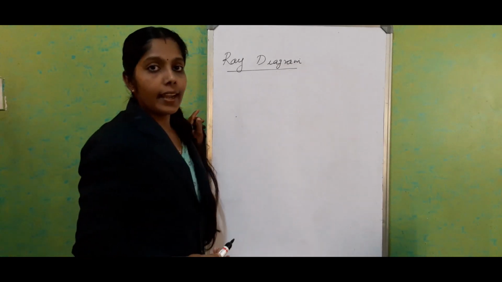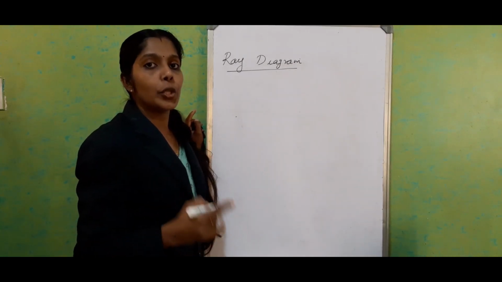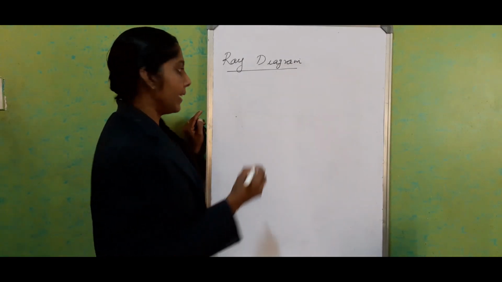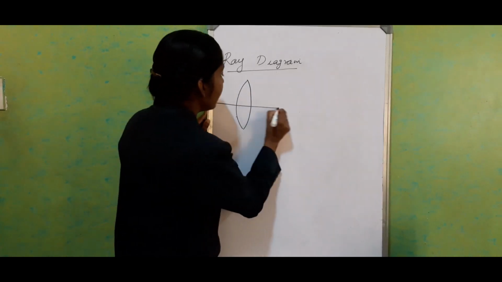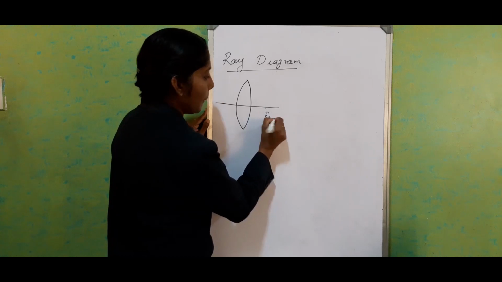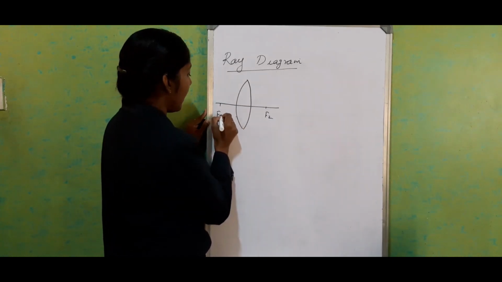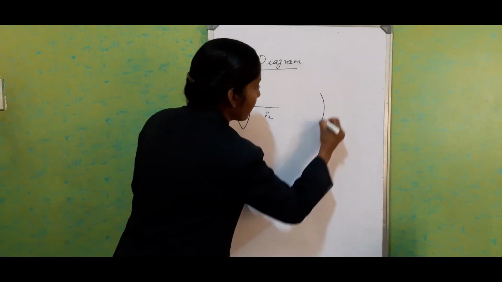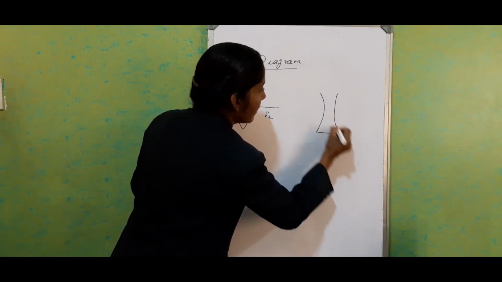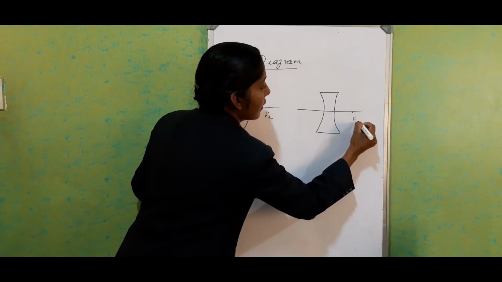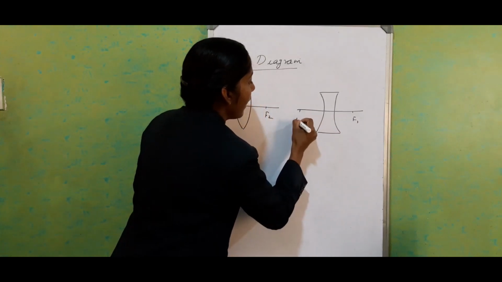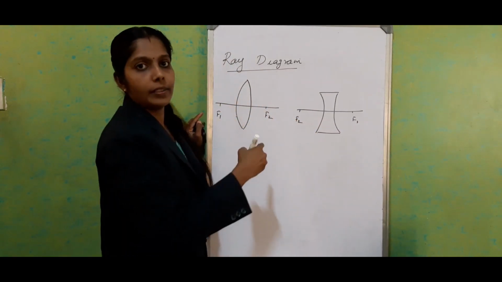So first ray, the ray which passes through the optic center. For convex lens, we have to mark the focus on either side, and for concave lens, here also these are F1 and here we have the second focus.